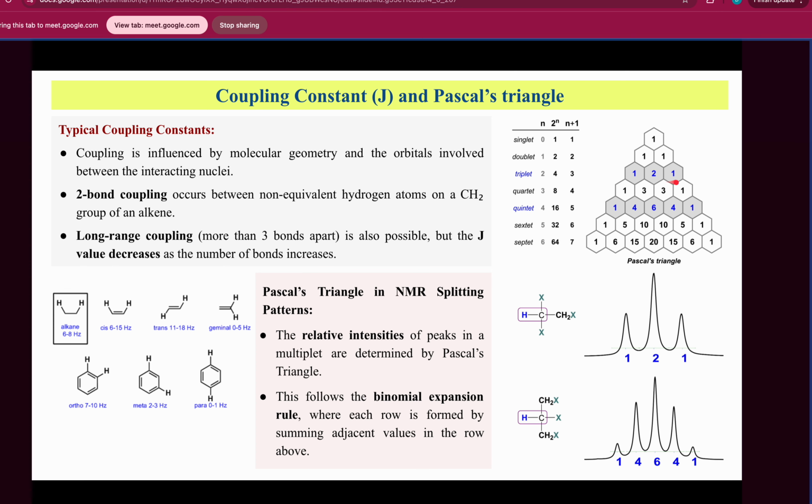But in the next row, this will have 1, and the middle place will have 1 plus 1, so that is 2. Similarly, in this case, we add those two adjacent boxes, so this will be 3. Similarly, here also it is 3. This is 1. So this is how the Pascal triangle is built. And this generally tells you the relative intensities, meaning after splitting, what will be the intensity of the peaks which you will observe.